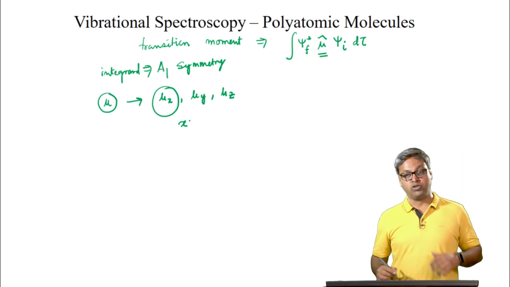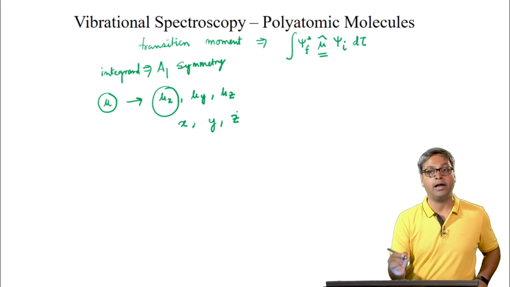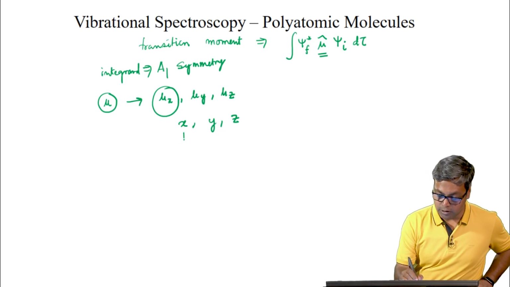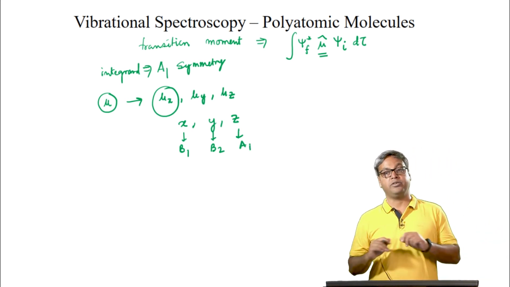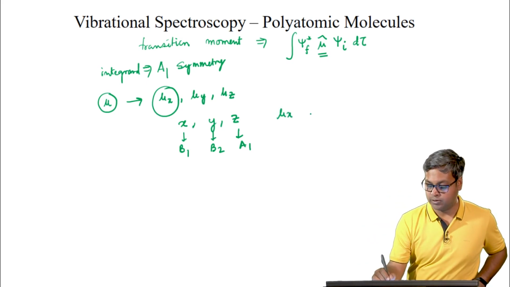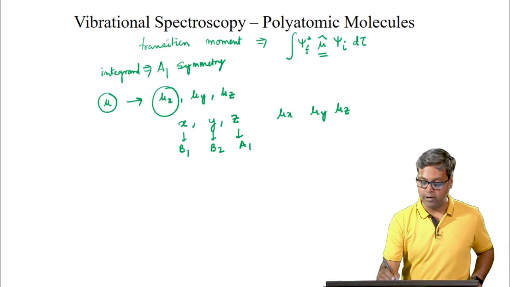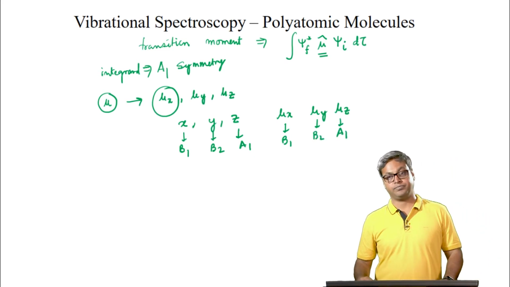So, based on the choice of our axis, the x, y and z coordinates of the C2v have B1, B2 and A1 symmetry. So, mu x, mu y, mu z, they also have B1, B2 and A1 symmetries.